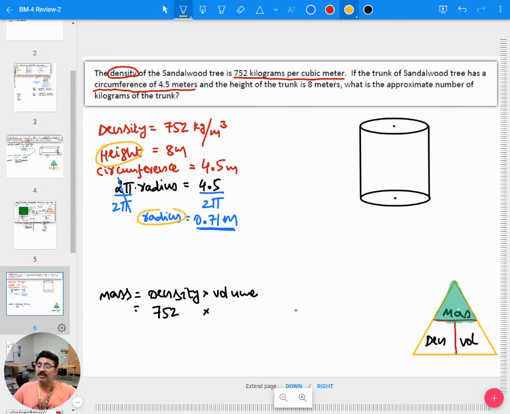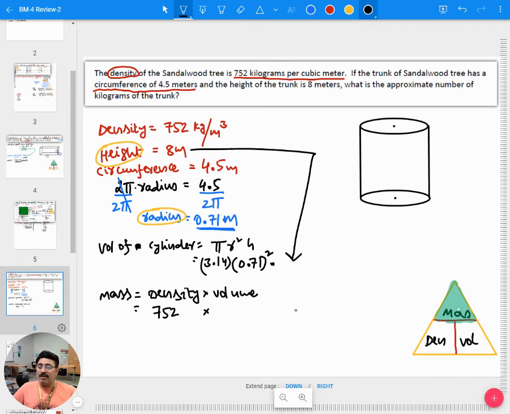So that's the radius. Now we know the height of the trunk, the height of the cylinder. We know the radius. Then can you find the volume? It is the shape of a cylinder. Therefore, volume of a cylinder equals pi r square h. So let me plug in pi value 3.14, and the radius we just computed, but don't forget it is radius square. 0.71 square times the height, which is 8 meters.